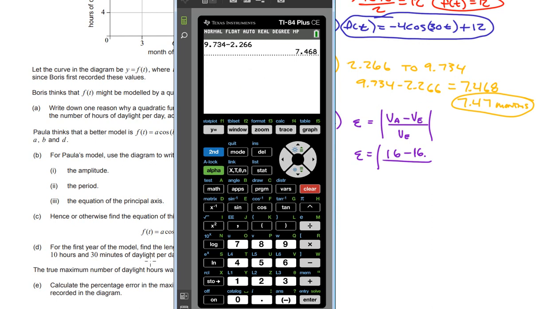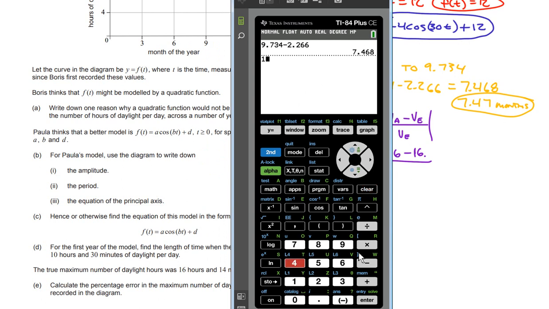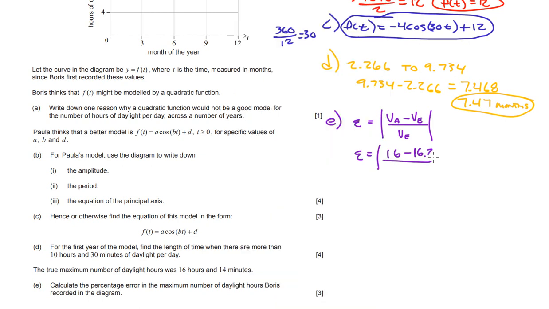So let's take our, keep forgetting what it is, 14 minutes. We're going to do 14 divided by 60, and that's going to give us 0.233, so 16.233. As many threes as you can handle putting in there. We'll just give you a little bit more accurate answer, right?